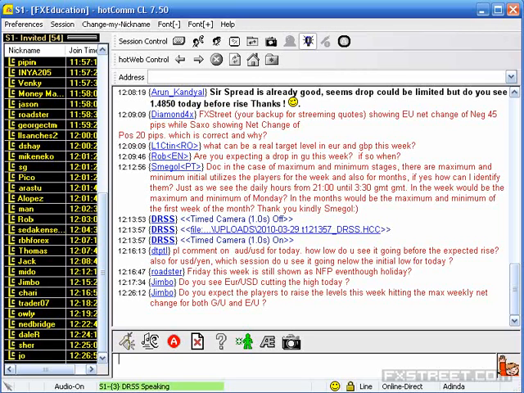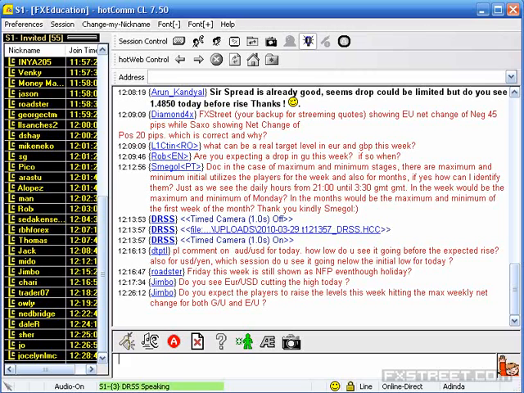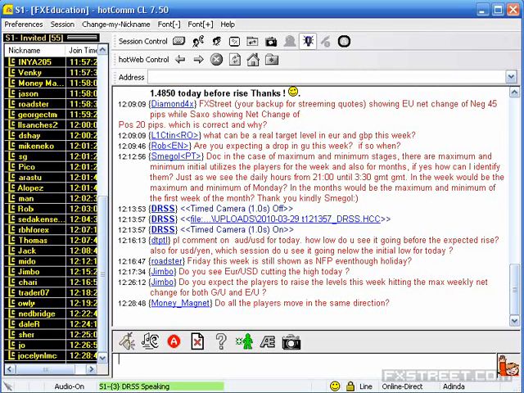They expect the players to raise their levels this week, hitting the maximum weekly net. Yes, there is great potential because in the last week there will be a lot of option expiries, and also the target will be high for the quarter. So in order to achieve it, they will try to make very big up and down moves in the market. So not many questions afterwards.